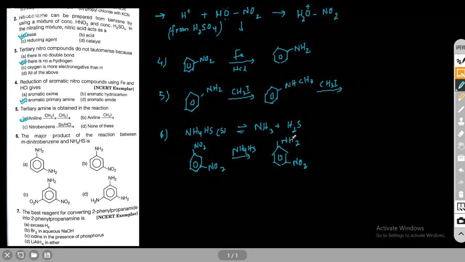Yeah, the seventh one is D. D is the best reagent. C=O will convert into CH2 simply from that. I think you have done this question.